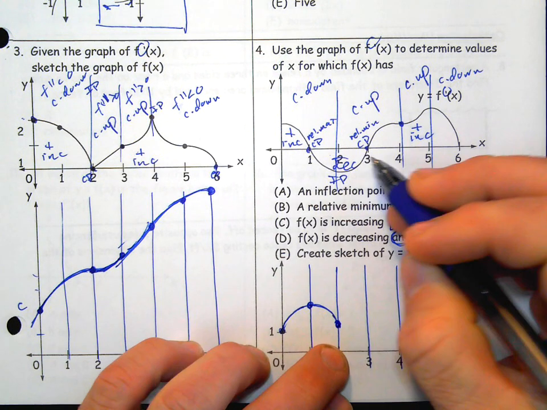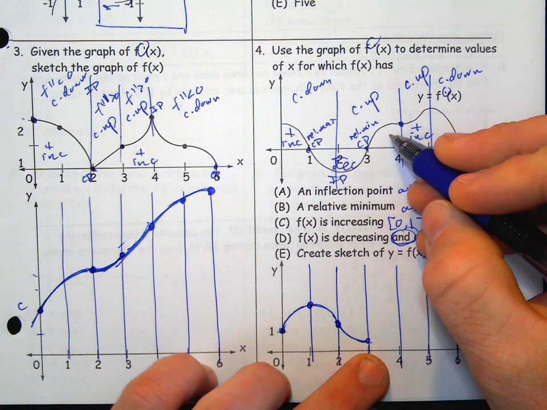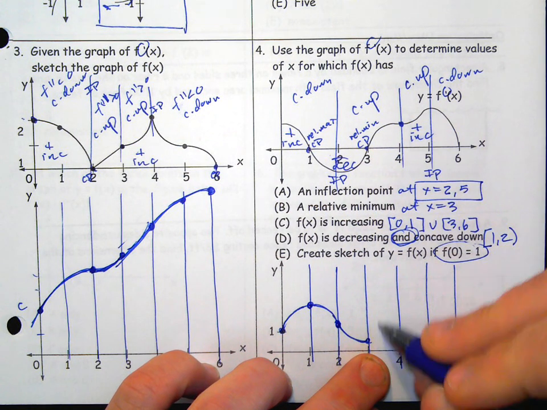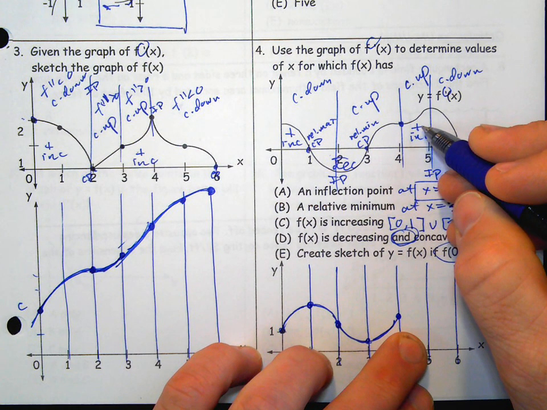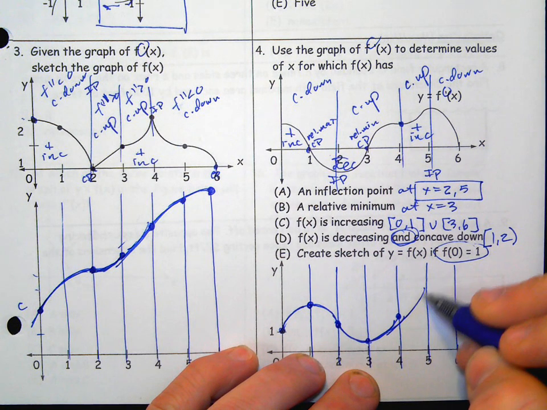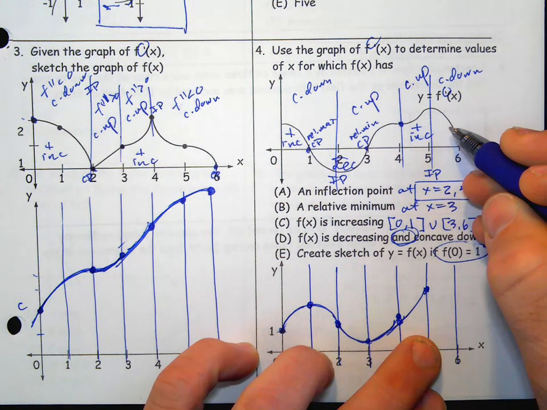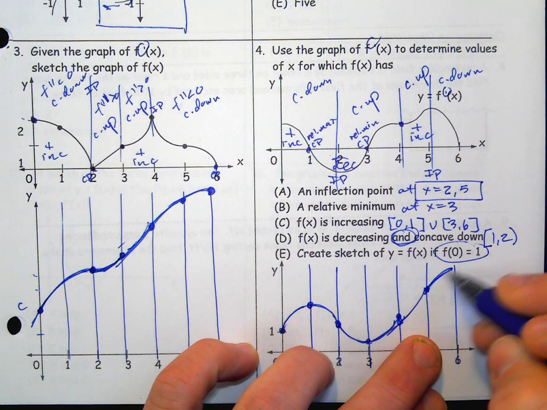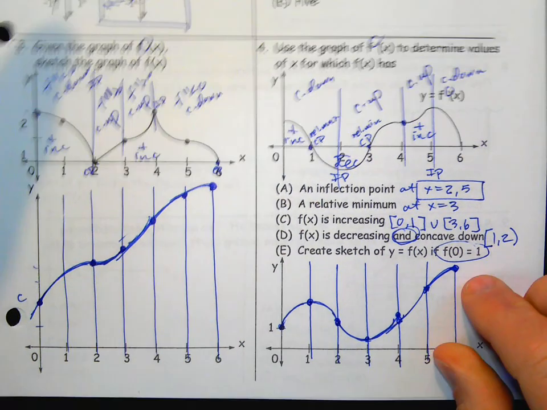Next chunk is going down and it's concave up. Next chunk is going up and it's concave up. Next chunk is going up and it's still concave up. So maybe we should do something like that. Next chunk is going up, but it's concave down. So something like that. Okay.